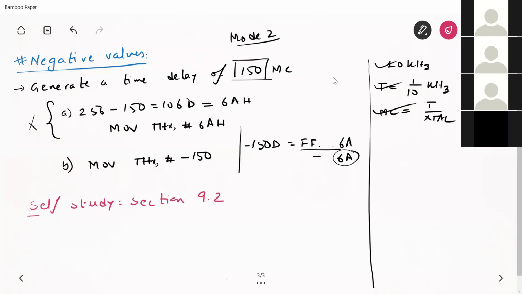Section 9.2, read it on your own. This is a very small section. You will understand definitely if you understand the classes that we have done so far. After that, if you study section 9.2, you will understand, and you can exclude section 9.3. Section 9.3 deals with C programming, which you are not interested in. So with this, we finish chapter 9.